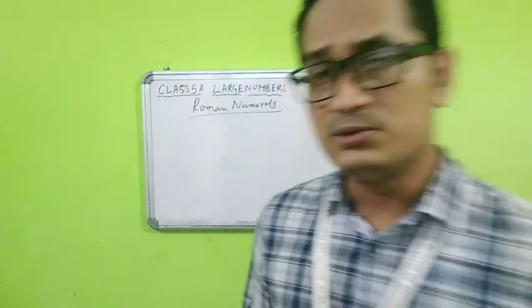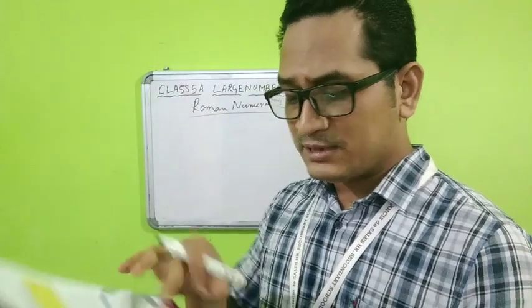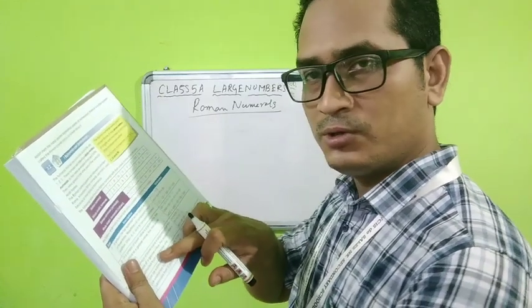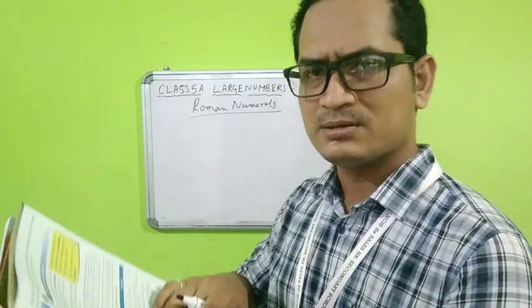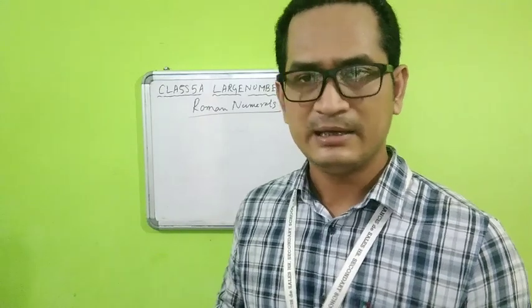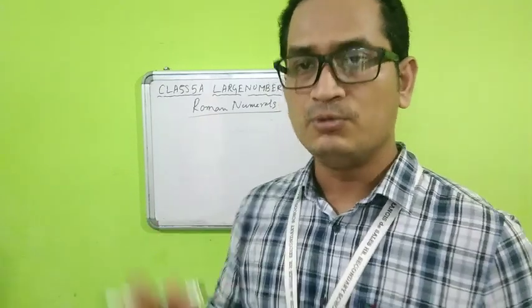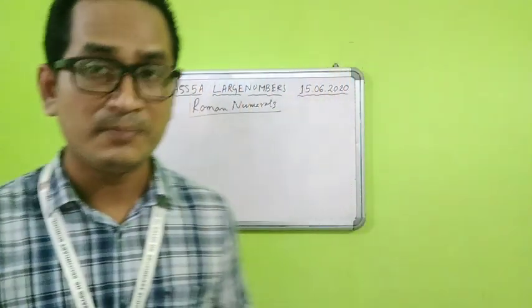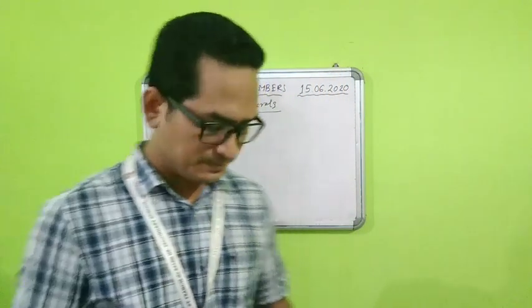These rules are already given in the textbook, so you need not write them down in your copy, since they are clearly explained there. Let us discuss them so that you understand, because you are not going to learn them by heart; you need to understand them first.